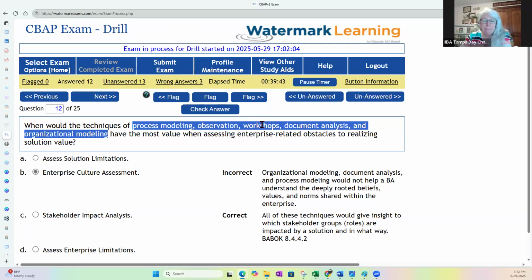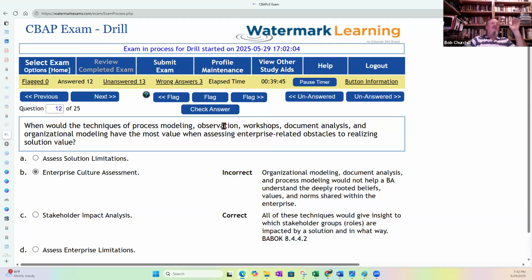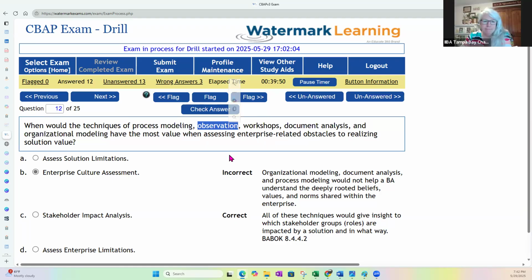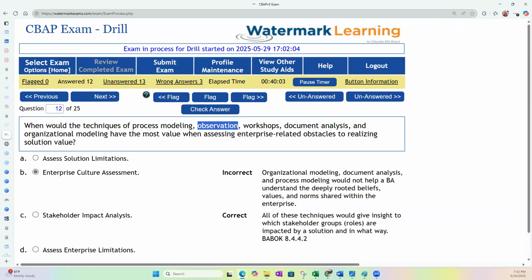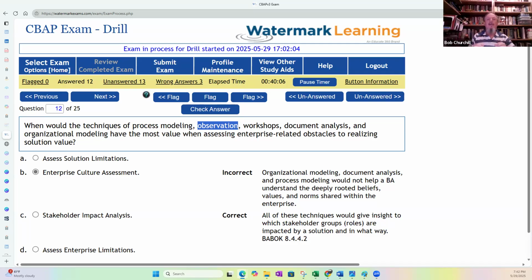Observation is collecting data. It irritates me when the Babok uses the word elicitation for gathering all kinds of data. I hate that. But that's what the Babok says, so go with it. For me, elicitation is what you draw out of a person through interviews or whatever.